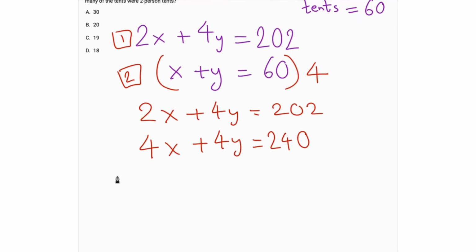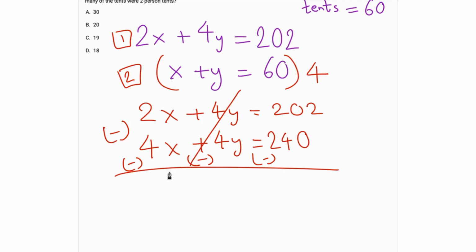Now if we subtract this, that's minus, that's minus, that's also minus. So subtract that, you get negative 2x equals 240 minus 202, negative 38.